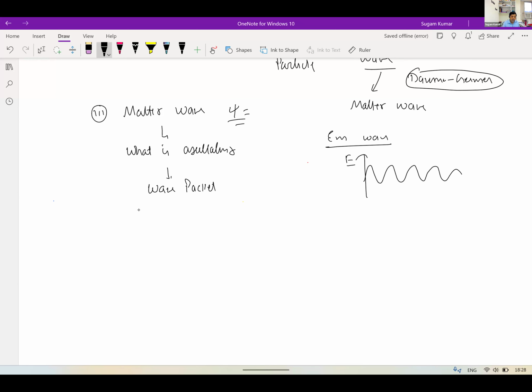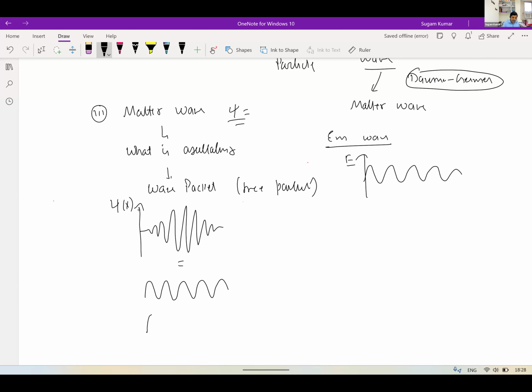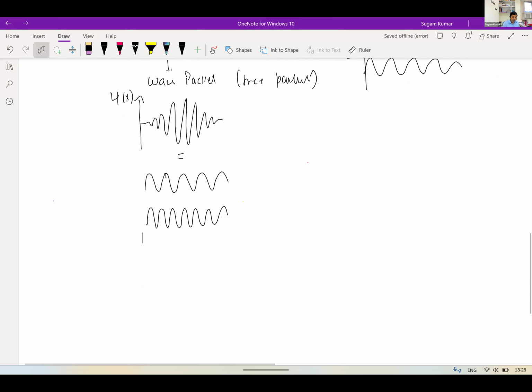So for a free particle, the wave function behaves like a wave packet, like this. That is the wave function. And mathematically, this wave function is nothing but a superposition of many different waves of different frequencies or wavelengths.